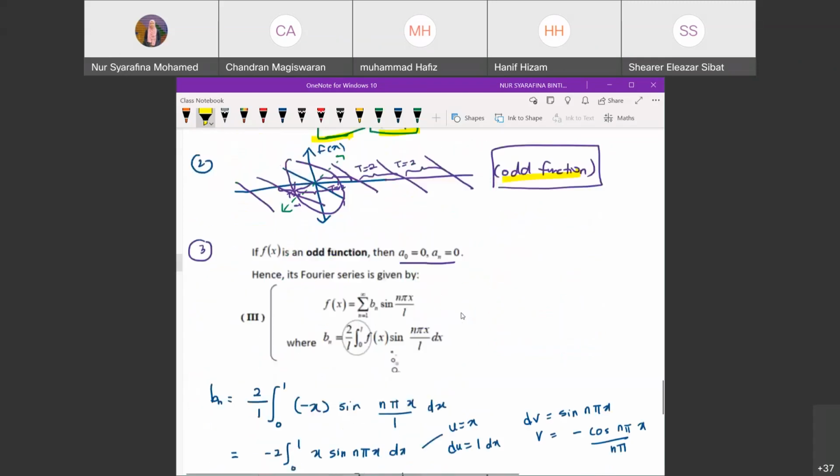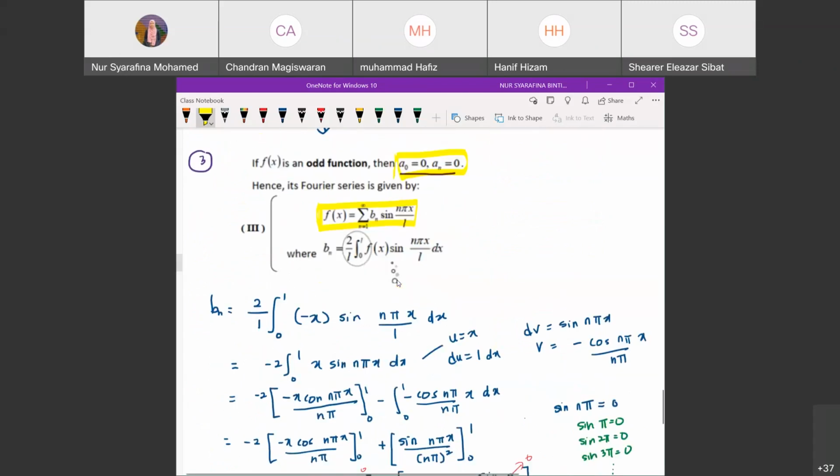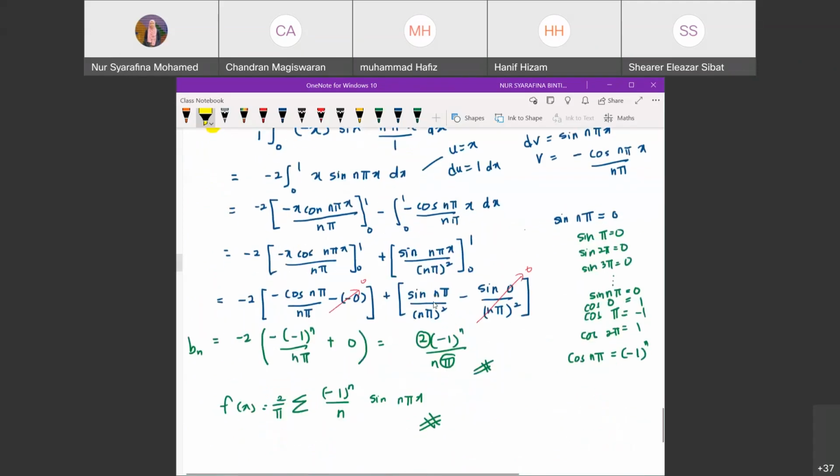Then you can decide which case or which formula you have to follow to form the Fourier series. So case number 3, where a0 and an equal 0, then just proceed to find bn. So substitute everything and find the value of bn, and at the end substitute again into the Fourier series expansion. Now this is the Fourier series for f(x) equals negative x.